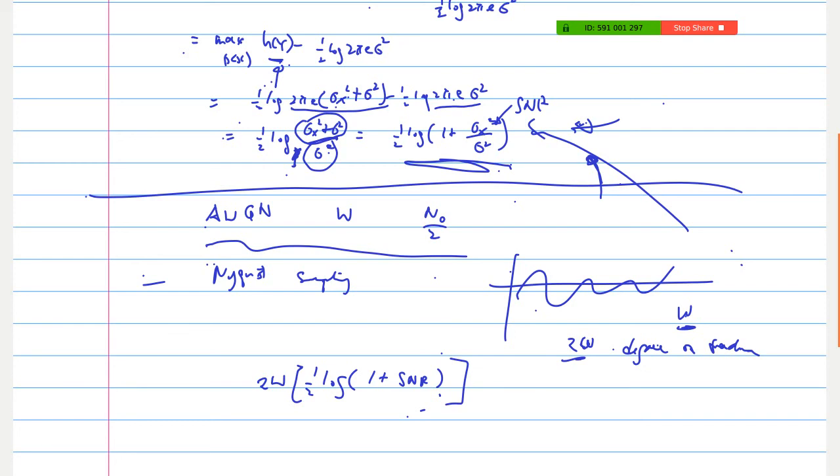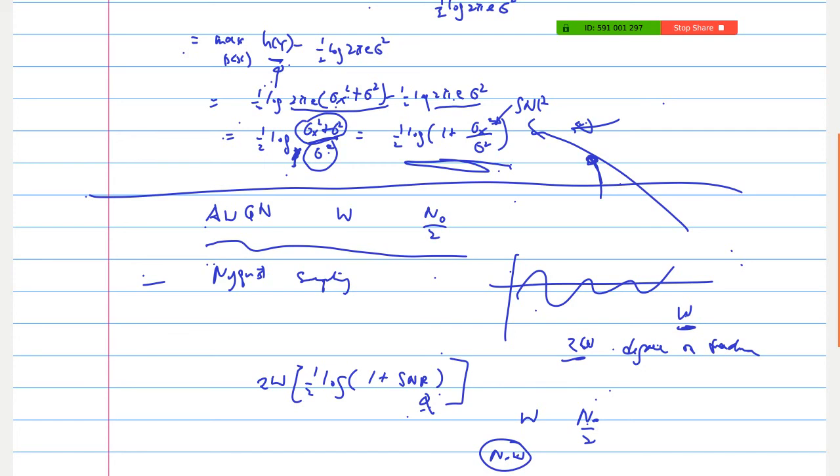In terms of SNR, when we have bandwidth W and the power spectral density of the noise is N0/2, then the noise power is N0 times W. Maybe there's a factor of half there, but I believe the noise is correct.